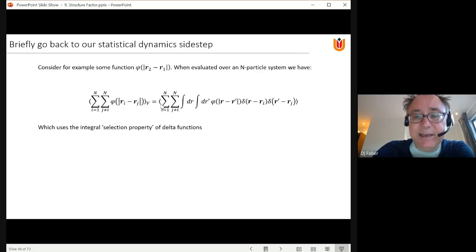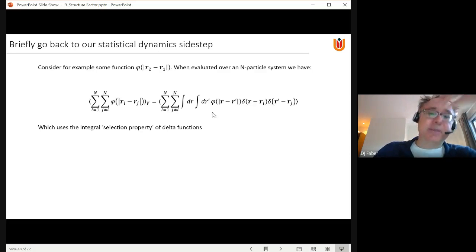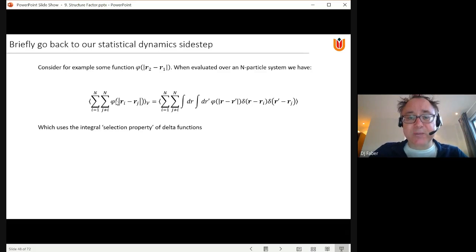On the right hand side, the averaging runs over that same volume, and these delta functions only yield a value of 1 when this one hits r and r prime hits r_j. You can put that then into an integral, because only when both delta functions are 1 do you select an argument. So basically you can put these integrals around it, and these delta functions assure that you will only count them when the values match. So that's why these two sides are equivalent.